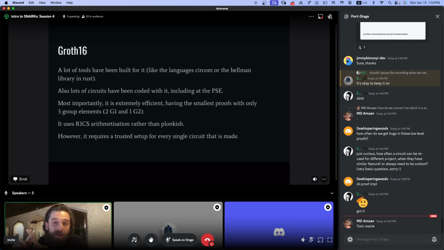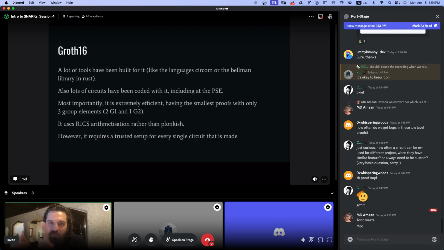And if a single person deletes their share, nobody can recover what was there. But if everybody maintains their share and secretly talks to each other, and then they put their shares together, they can actually work out what the secret is, and they can use it. But these are done online in a decentralized way. So if you or I just took part and we deleted it, then suddenly it's safe and secure. So those are some of the trade-offs of Groth 16.